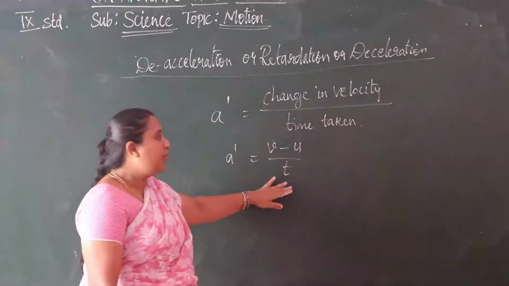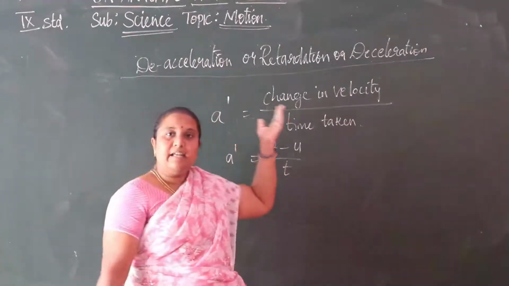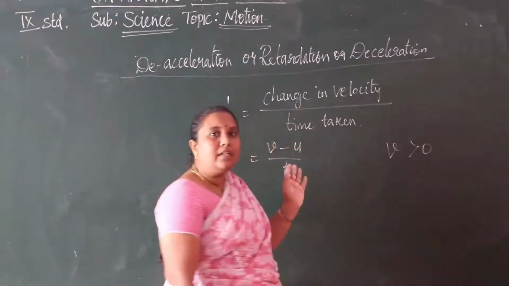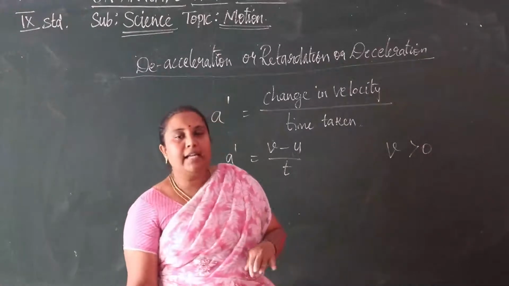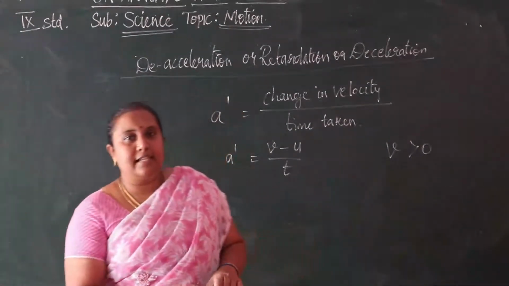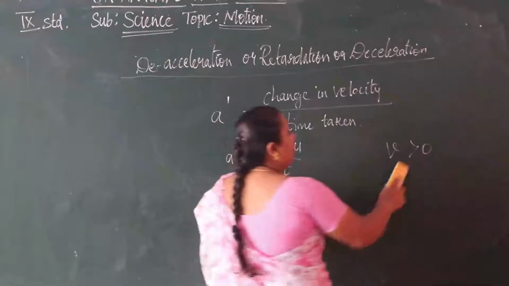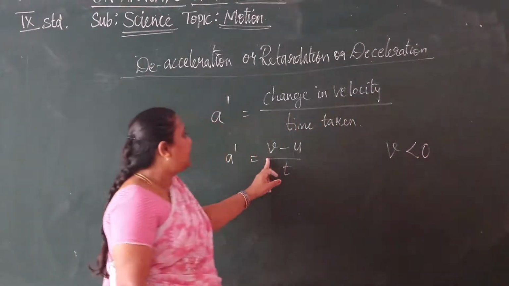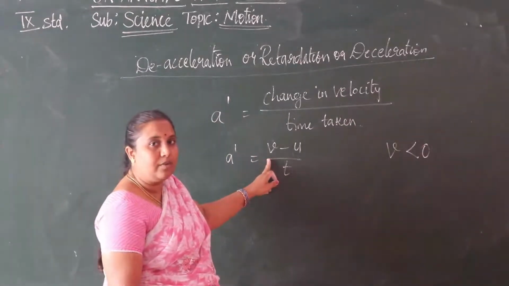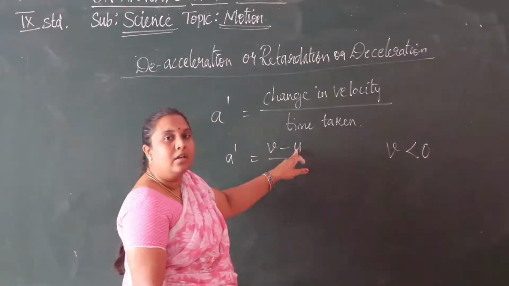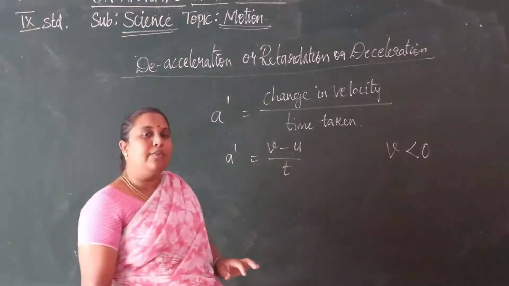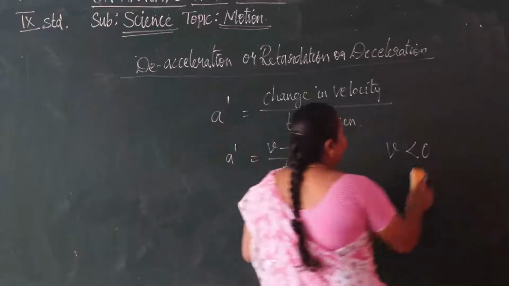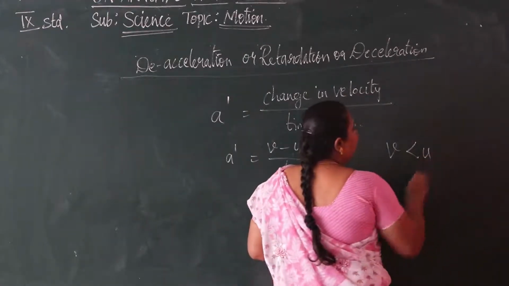In acceleration, v is always greater than 0. But in deceleration, negative acceleration, we have v less than u. Not 0, v is less than u.